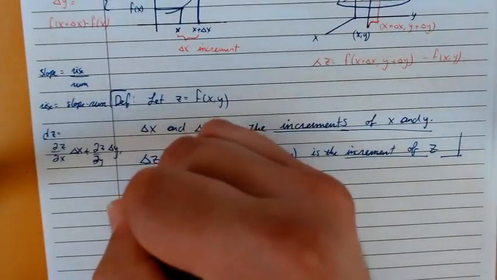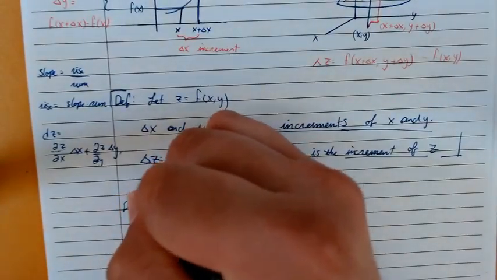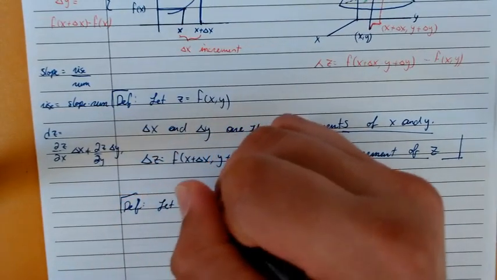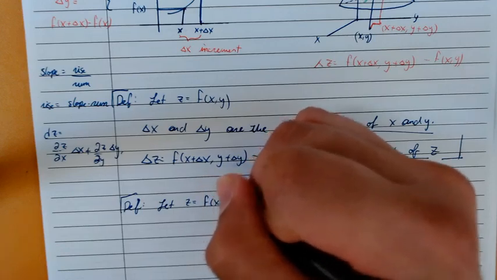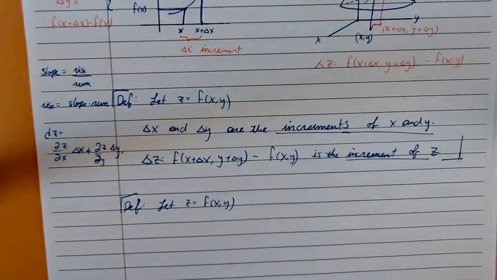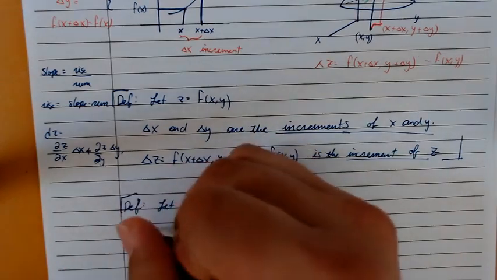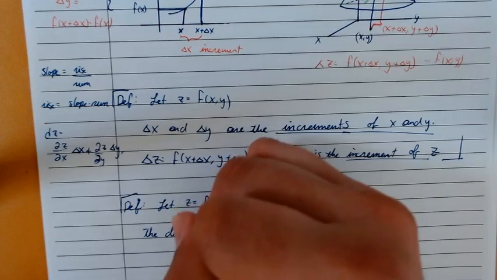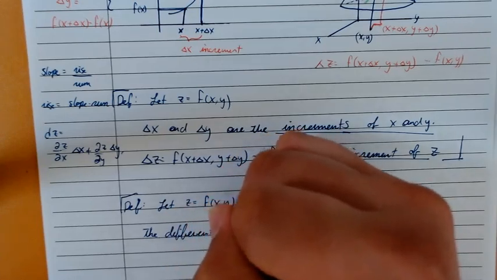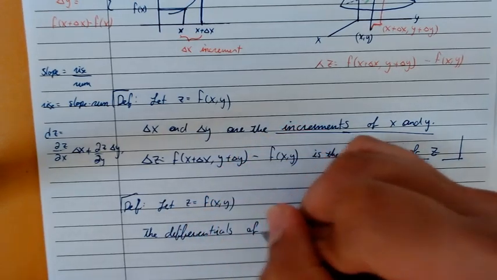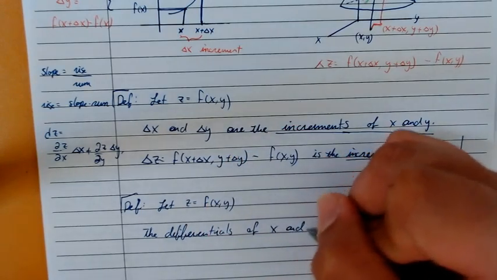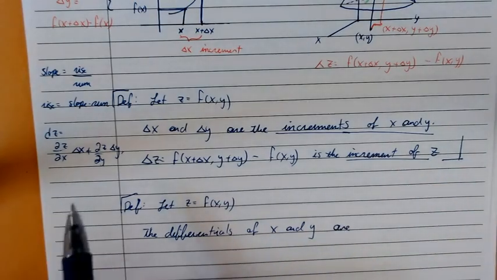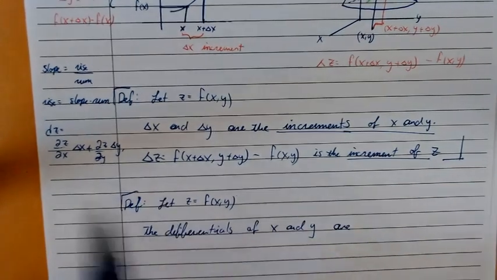So this brings us to a definition. Let z equal f of x, y. We have a function of two variables. The differentials of x and y, we're going to define them as being the increments.